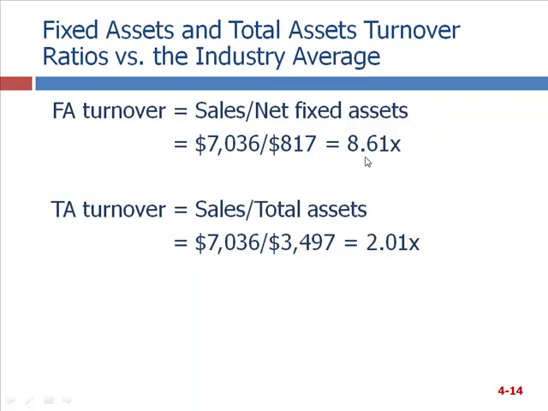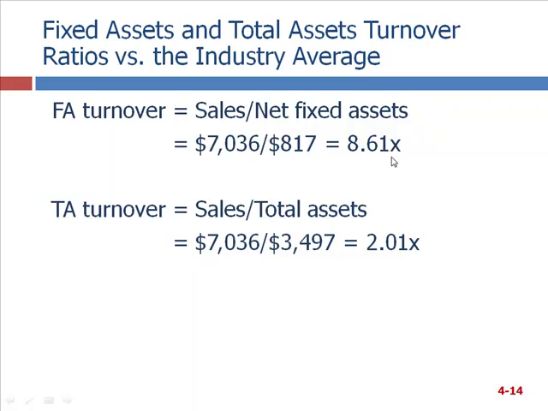Mathematically, that's always going to be true, because sales is the same for both ratios, but total assets is going to be larger than just net fixed assets, because total assets includes net fixed assets plus some. It includes current assets also. So you've just got a larger denominator here, causing the ratio that you calculate to be smaller than this other one. Doesn't mean that one is worse than the other necessarily.